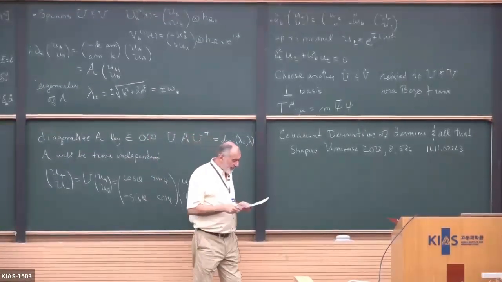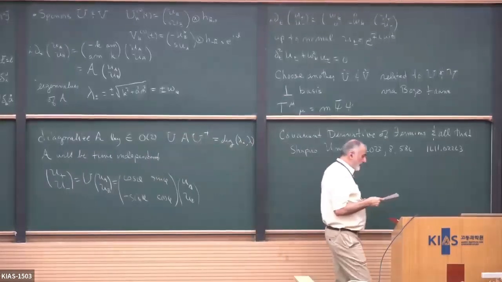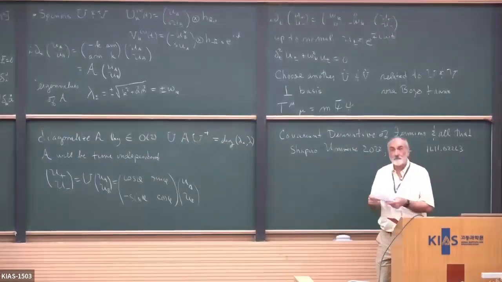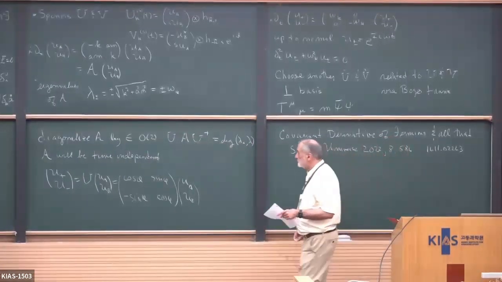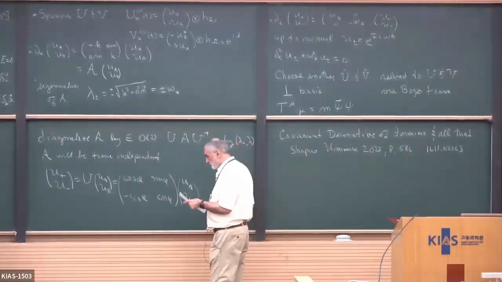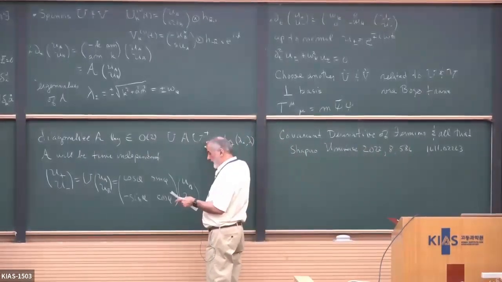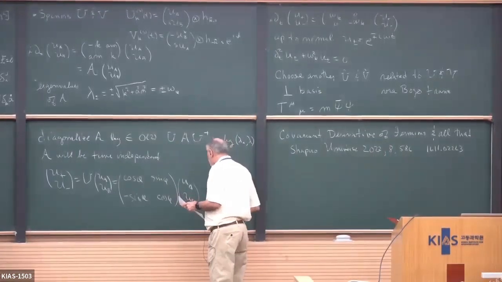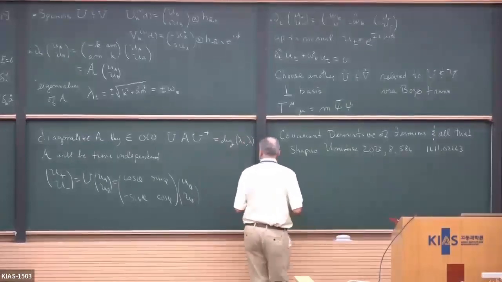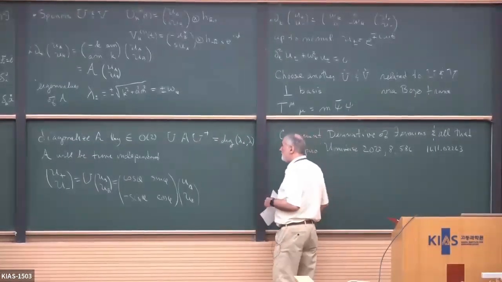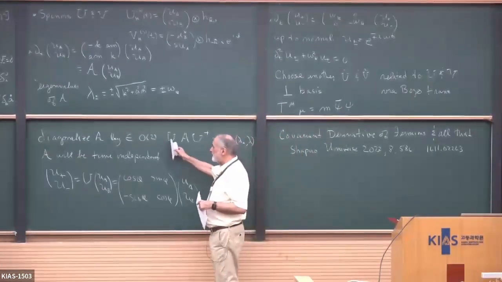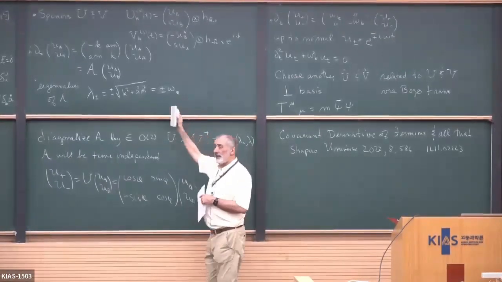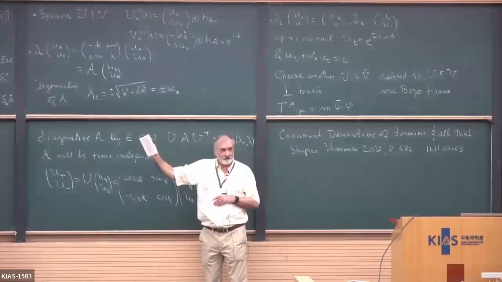Now we want to diagonalize the field equation. And the thing that will be different now is that the transformation that's going to diagonalize the field equation will depend upon the scale factor.